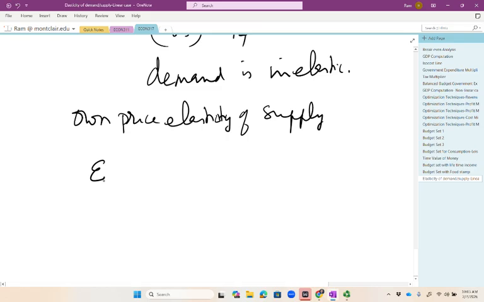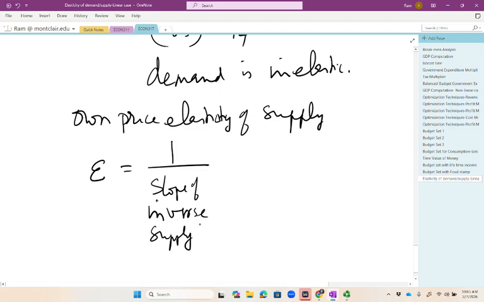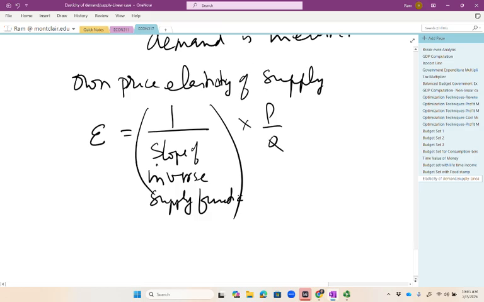So epsilon, this time for supply, equals 1 over the slope of the inverse supply function times P over Q. So the formula remains the same. The only difference is now we look at the supply function. So I will give an example of one set of computation. Let's say price is given by 5 plus 2Q.